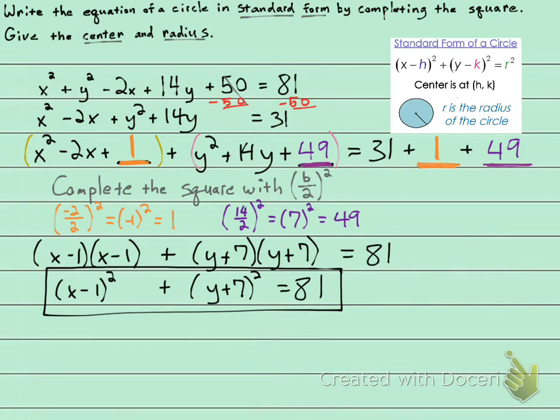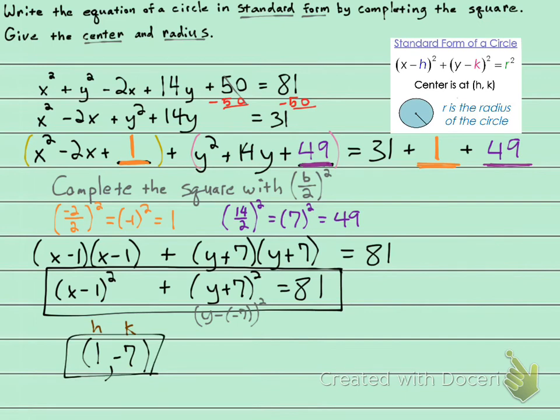It's already x minus h, so h is 1. And your k, it's got to be y minus k. Well, since this is not a minus, it needs to be the opposite. So for this to work out, y minus negative 7. So our k is negative 7. So there's the center of our circle, (1, negative 7).